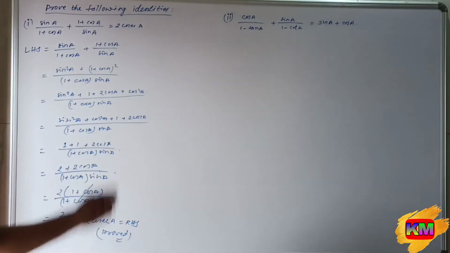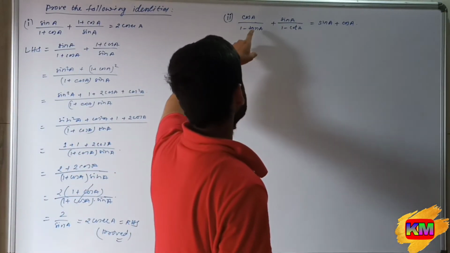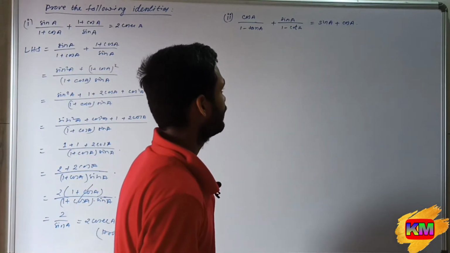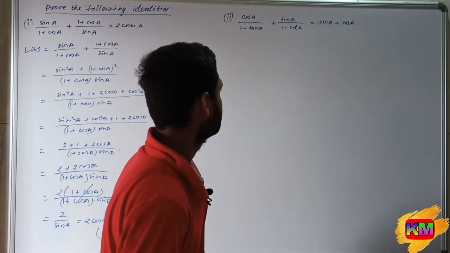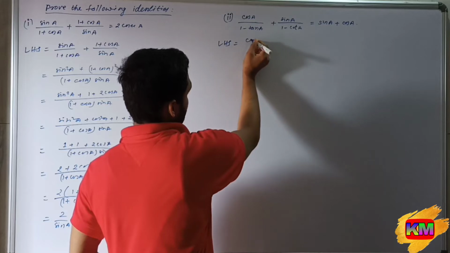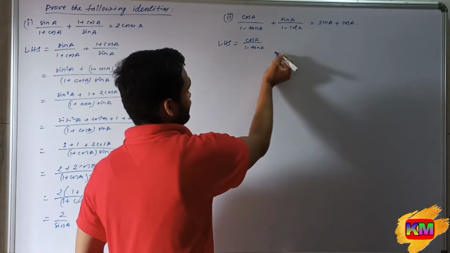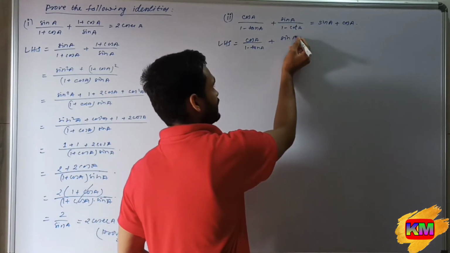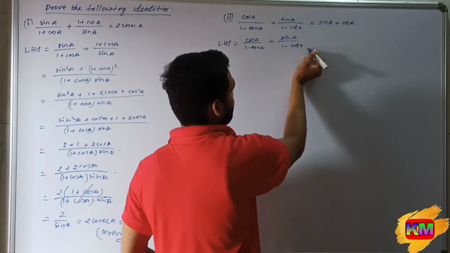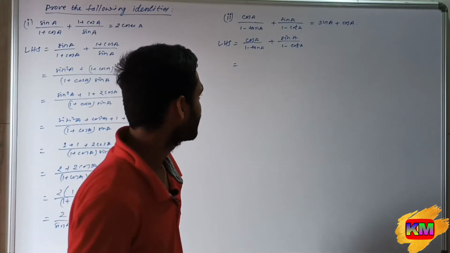Now we will prove the second identity here, and the second identity is cos A divided by 1 minus tan A plus sin A divided by 1 minus cot A equals sin A plus cos A. So for proving this we will take LHS, and here LHS equals cos A divided by 1 minus tan A plus sin A divided by 1 minus cot A, and we will change tan A and cot A in terms of sin and cos.